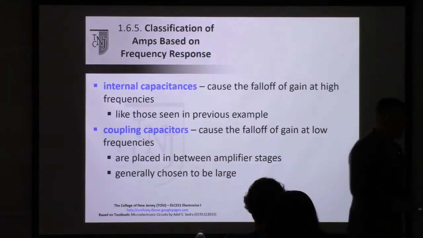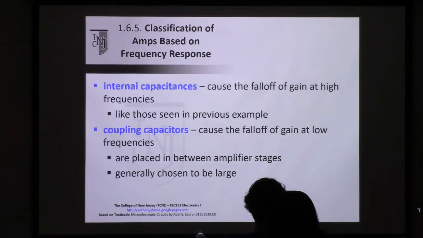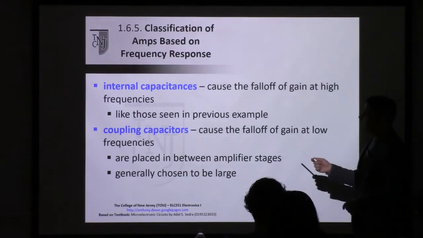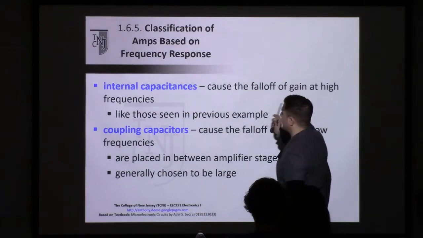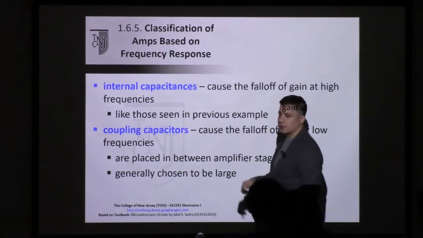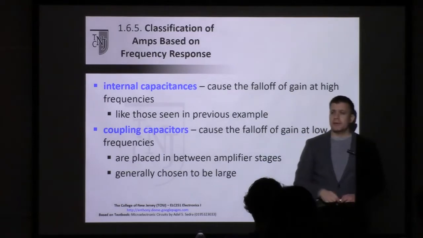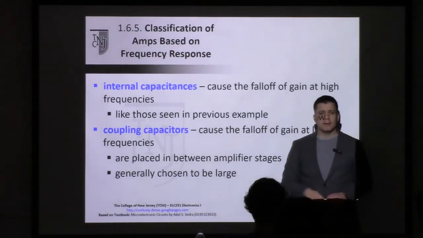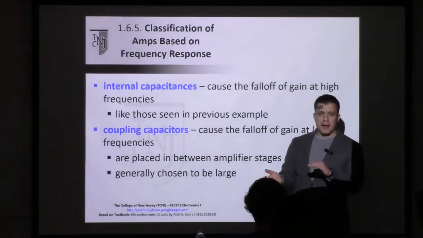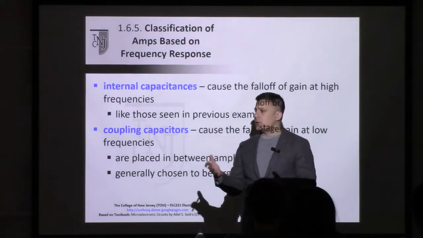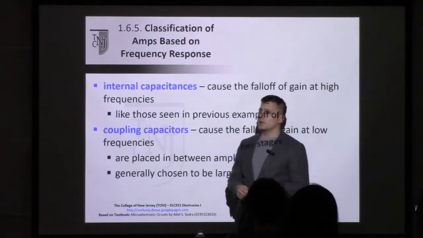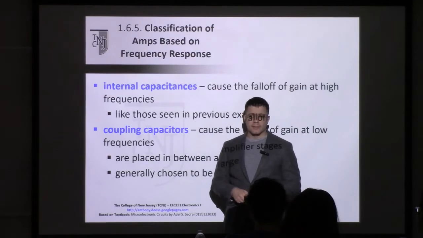Okay, so the very end of chapter 1 here, a couple of important terms. Internal capacitances cause fall-off of gain at high frequencies, and this is very similar to what we saw in the previous example. When we have an internal capacitance, it makes the input stage look like a low-pass filter, or have that sort of low-pass filter characteristic.